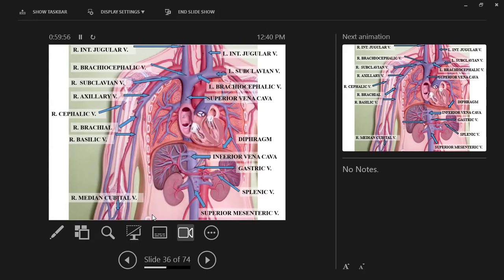What kind of food additives, what kind of toxins, what kind of chemicals are in the things that we eat and drink. So the liver is designed to clean that up. So everything from the digestive system absorbed from the small intestine is coming up here to the superior mesenteric vein going into the liver.